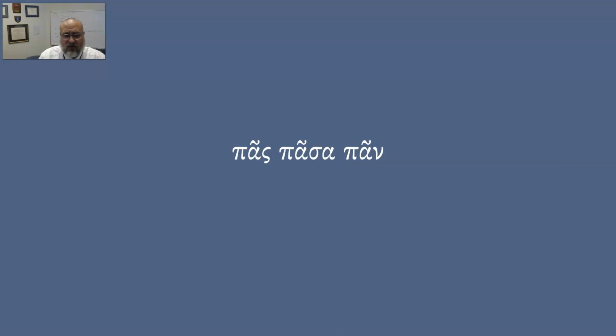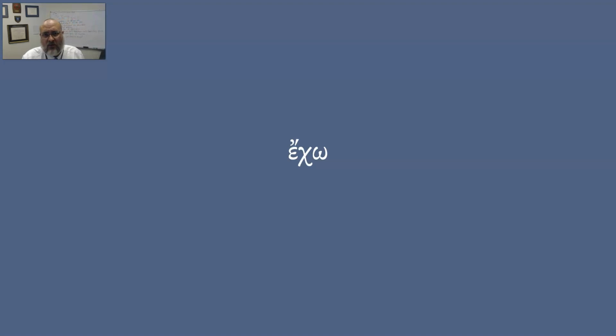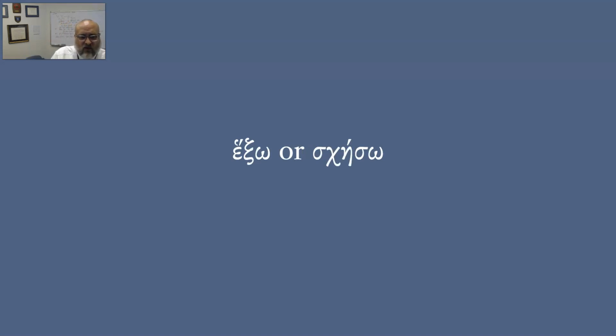Pas, we get pantheist from it, and so it's the word all. Echo is I have. My mnemonic device from almost 40 years ago now is I have an echo. Maybe that will help you remember it as well. The future, there are two different forms, hexo or skhesо.